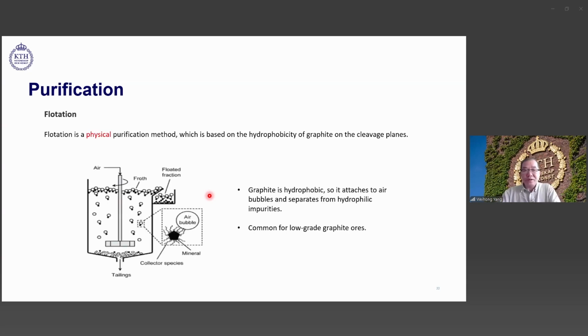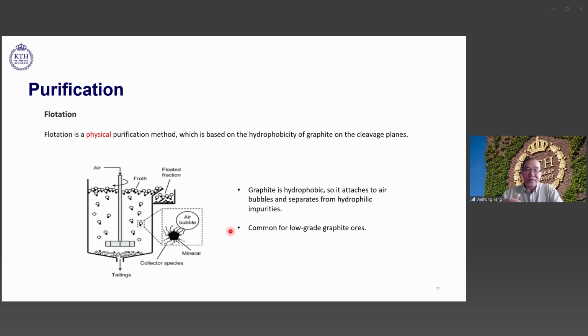If we go further to see the purification, the first one is physical purification, flotation. Basically, you just put your mixed materials into the reactor, you stir it, then the materials will separate by density. Graphite is also hydrophobic, so you can easily separate it.